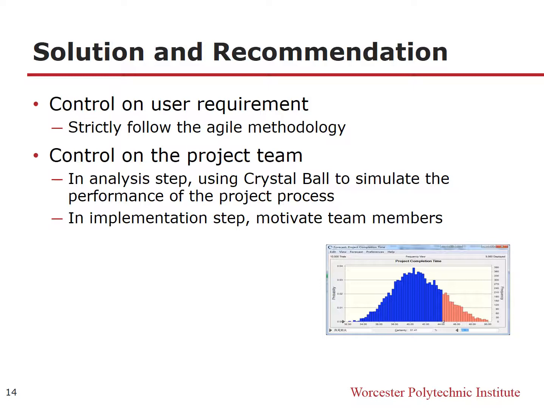The tool will simulate the fluctuation of each element, and if you set a limit that, oh, we must finish in 44 days, in this example the tool will tell you, oh, you have an 81% possibility to finish the project within the 44 day limit.